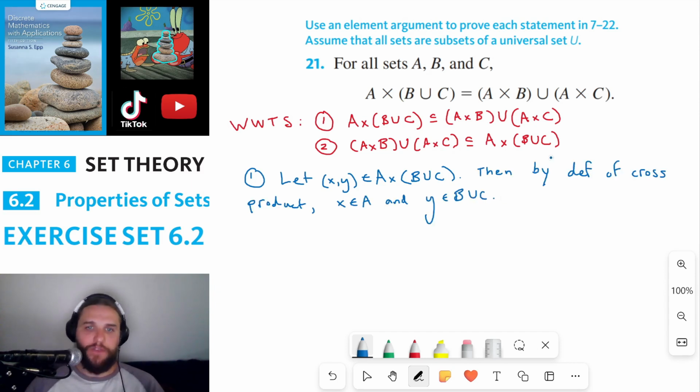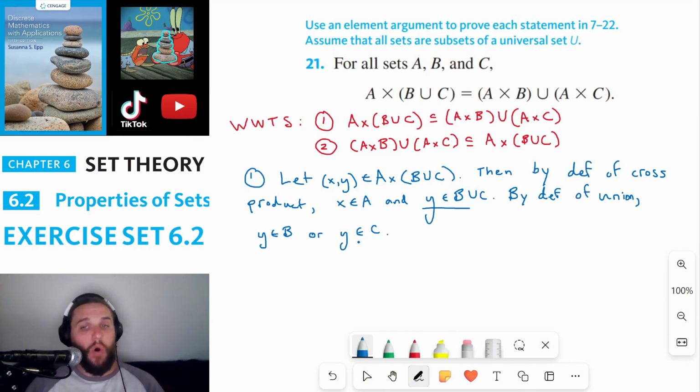So by the definition of the cross product, X is an element of the first set A, and the second coordinate Y is an element of the second set, B union C. We can unpack what this means. By definition of union, Y must be an element of B or Y must be an element of C. Now we have that X is an element of A, and then we have this OR statement.